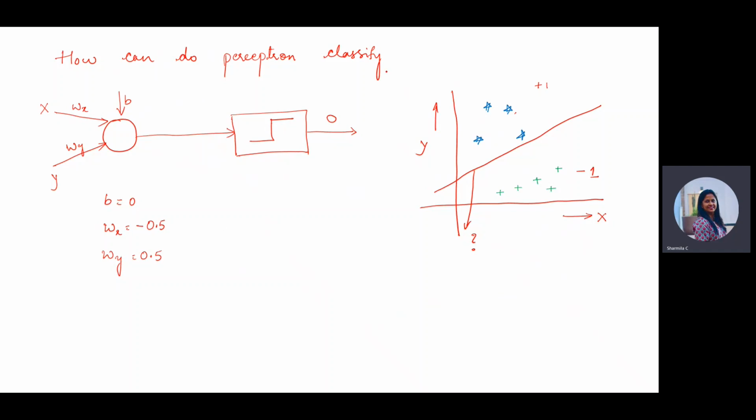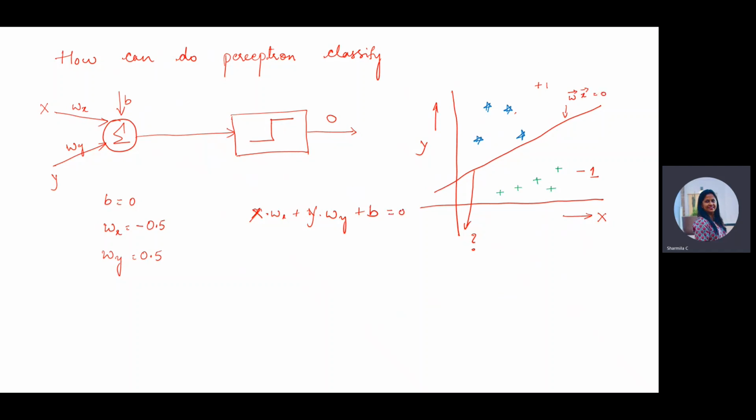How does a perceptron classify? Here is just a simple example. Considering these points, this unit does the summation, that is X into Wx plus Y into Wy plus the bias value. The equation for this decision line is always considered as W vector into X vector equal to 0.